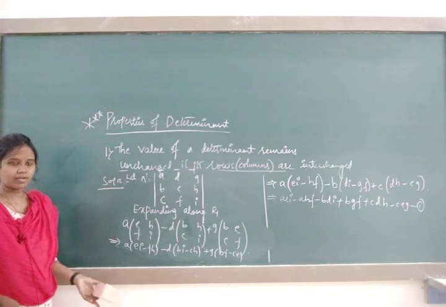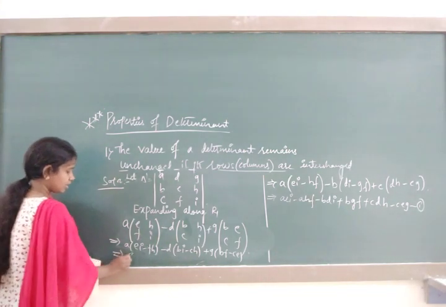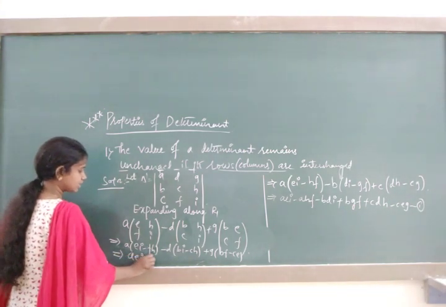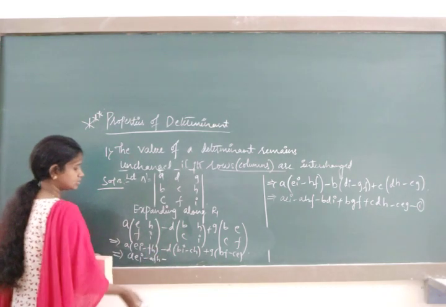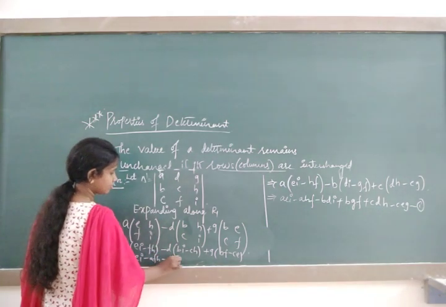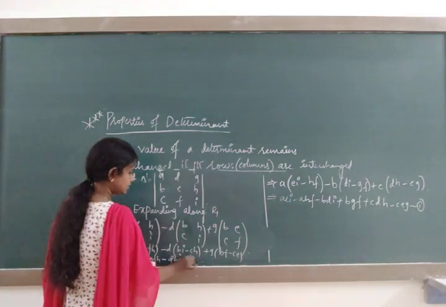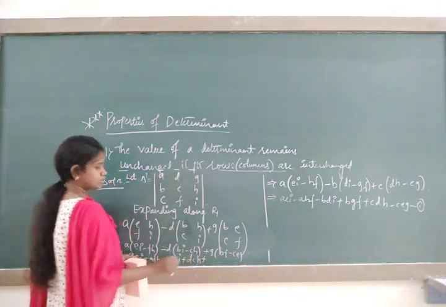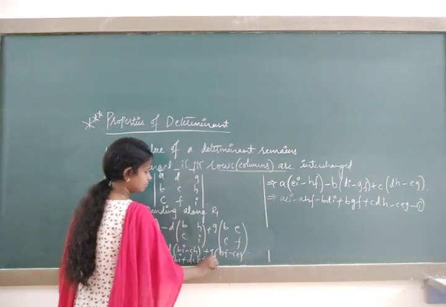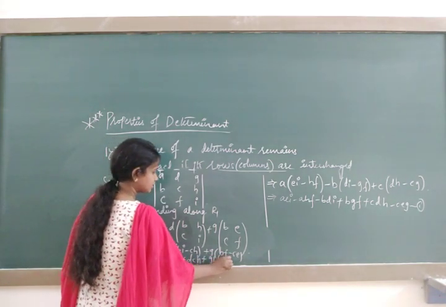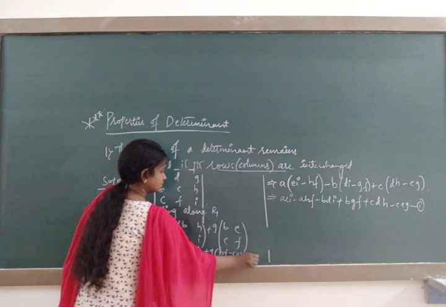Now you take the A value inside, then it will be AEI minus AFH minus DBI, minus into minus plus DCH, plus GBF minus GCE.